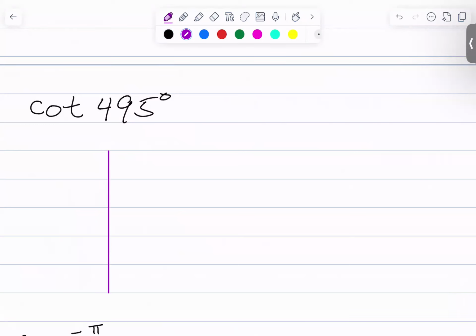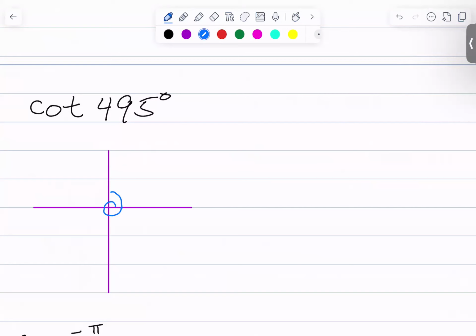Draw out 495, which would be 360. 360 plus 90 is 450. 450 plus another 90, no, right? So it's in my second quadrant, correct?